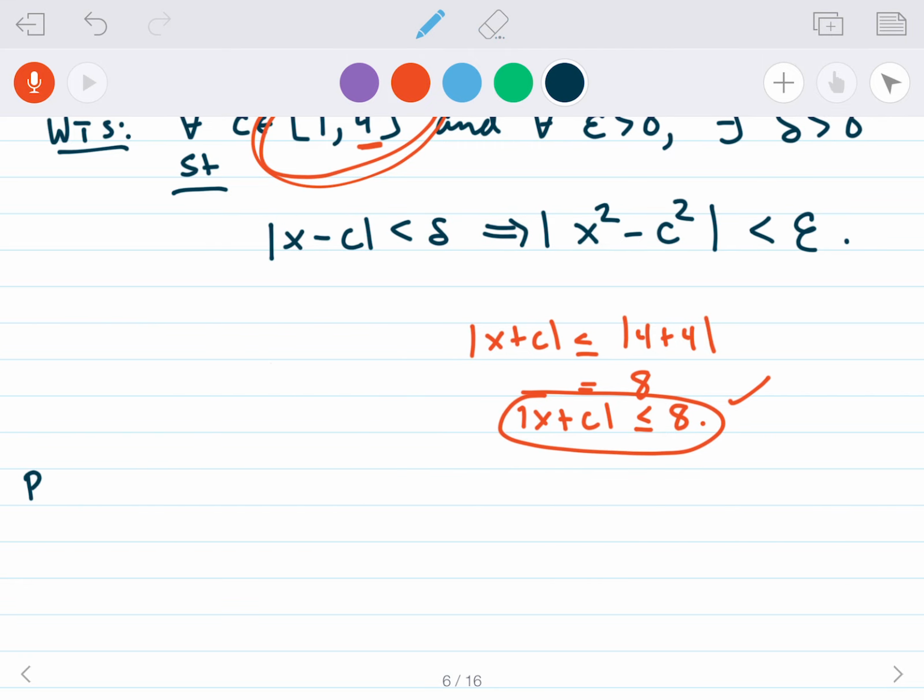So here's our proof. Let epsilon be given.